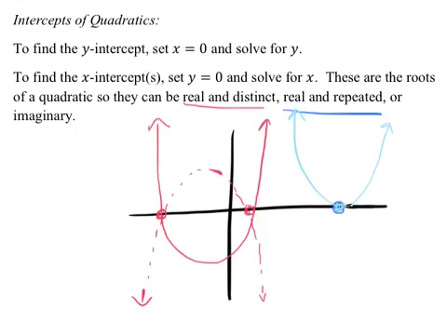Now it could open up or it could open down based on the A value. So this graph also could have looked like this. Okay, and we're going to do a bunch of these examples today so you can see these. Okay, but when it's a real repeated root, and write this down please, we say it's tangent to the x-axis. Tangent to the x-axis.